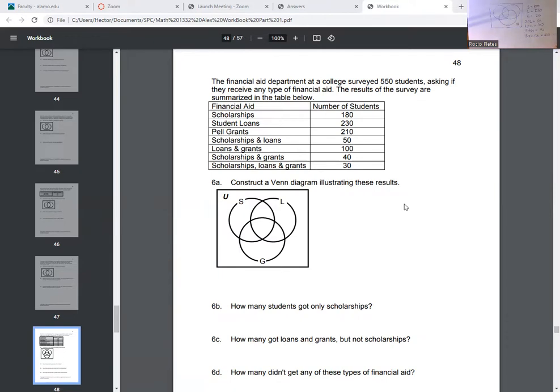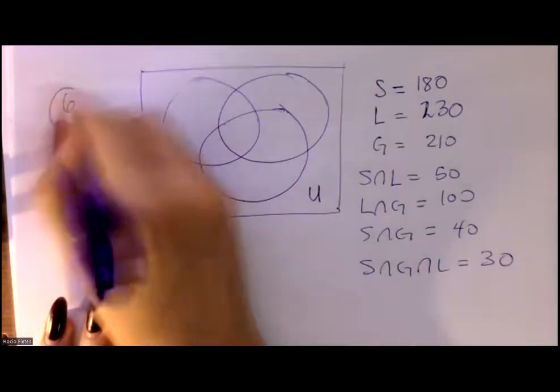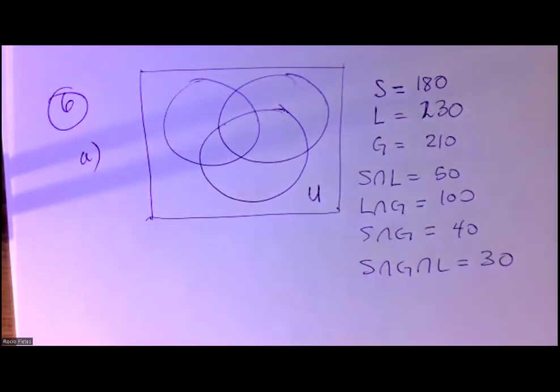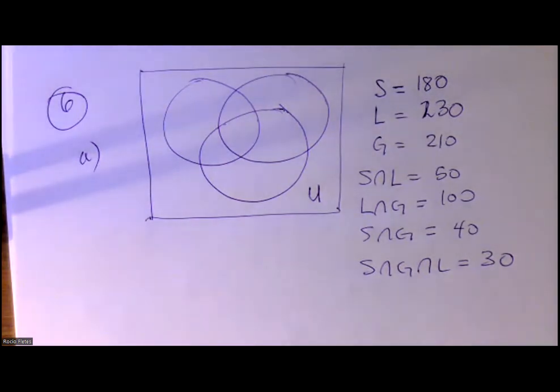Okay, so I'm going to show you how to construct. The key here is, so this is sample 6. And 6A, we're going to do the Venn diagram, and then we're going to answer the questions after we create the Venn diagram. All right. Now, we want to start with, like I always say, from the inside out.